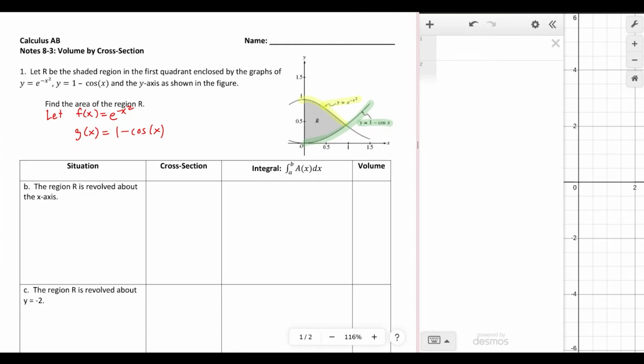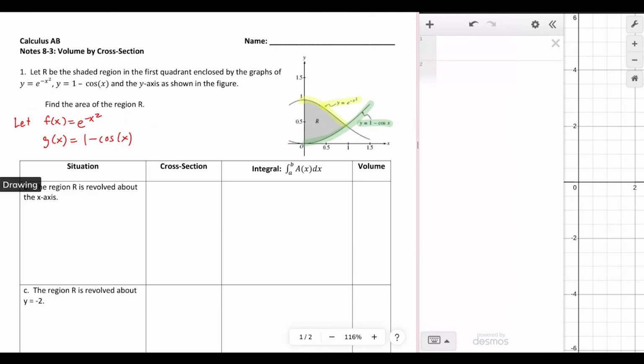Now, the first part is asking for the area of the region. And this is something that we've been doing since the beginning of this unit, right? On day one, we went over how to find the area between two curves. The basic idea was to integrate between the two x values that partition the region, and subtract the top function minus the bottom function, right?